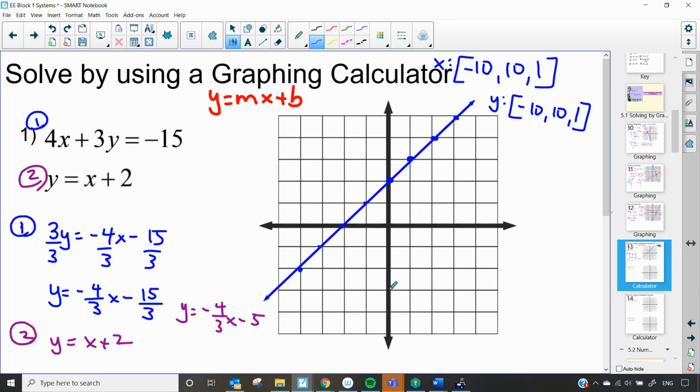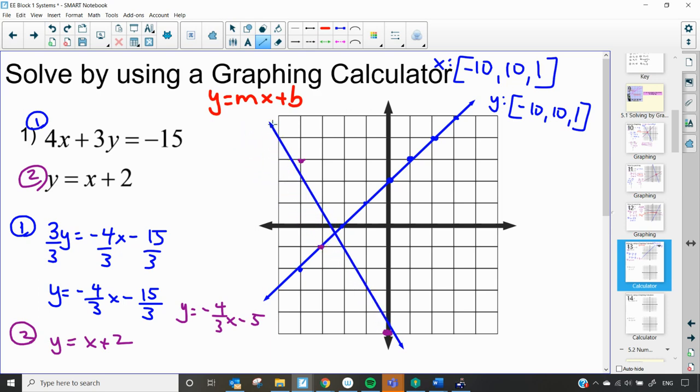So 1, 2, 3, 4, 5, negative 5, and then we're going up 4, 1, 2, 3, 4, left 3. And 1, 2, 3, 4, left 3. So again, nothing changes. We can still graph these by hand just as easily.